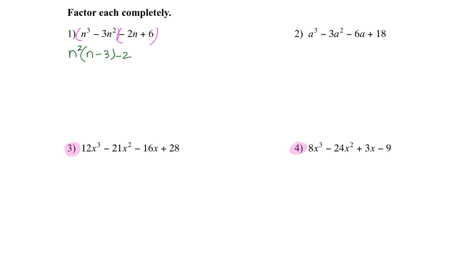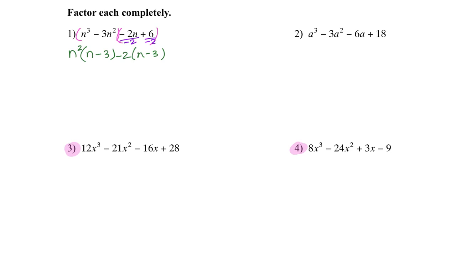One recommendation here is that anytime the second sign on the polynomial is negative, I'm always factoring out a negative. So if this sign is negative, I'm always factoring a negative. If it's positive, I'm factoring a positive. So that means that in here I have n minus 3. Remember that whenever I factor out something, I'm actually dividing here by negative 2.